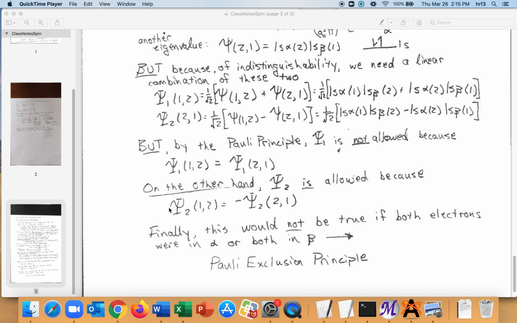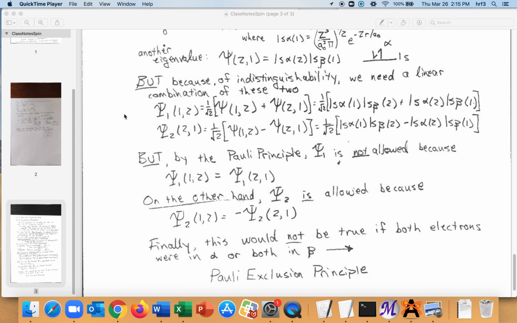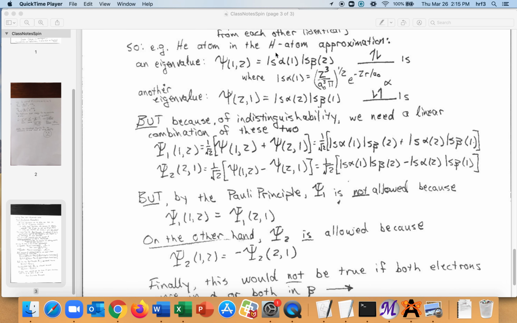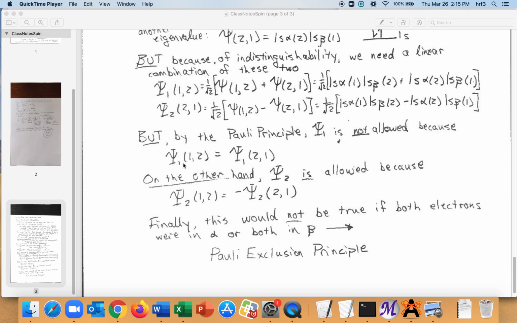So really psi 2 is the only one that works. It's the only acceptable wave function. These two aren't acceptable because they don't have indistinguishability. This one is not acceptable because it doesn't follow the Pauli principle, so only psi 2 is allowed.